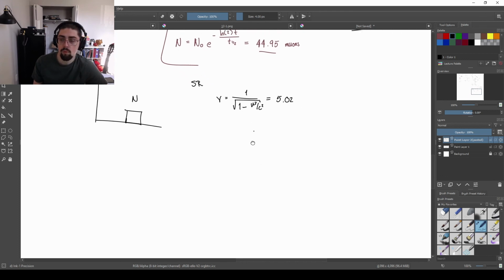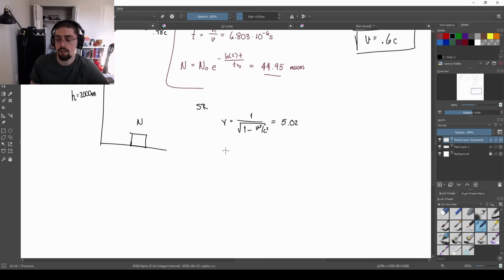Then, we saw that from Earth's time perspective, delta t is equal to 6.803 times 10 to the negative sixth. But the proper time, the time that the muon experiences, is going to be equal to this time delta t divided by gamma.